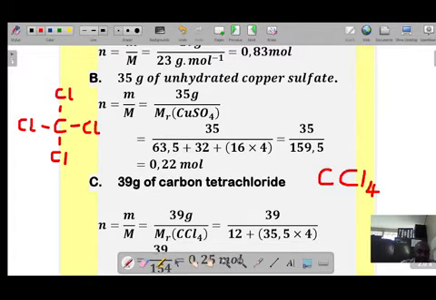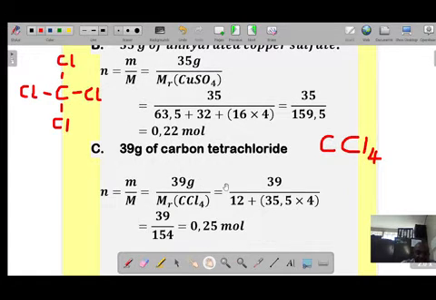Now carbon has got a mass of 12. What about chlorine? 35.5. So if I want to compute this, it's going to be 12, that's for the carbon, which you see here. What about Cl4? 35.5 times 4. So if I simplify this, I'm going to get what? 0.25 moles.